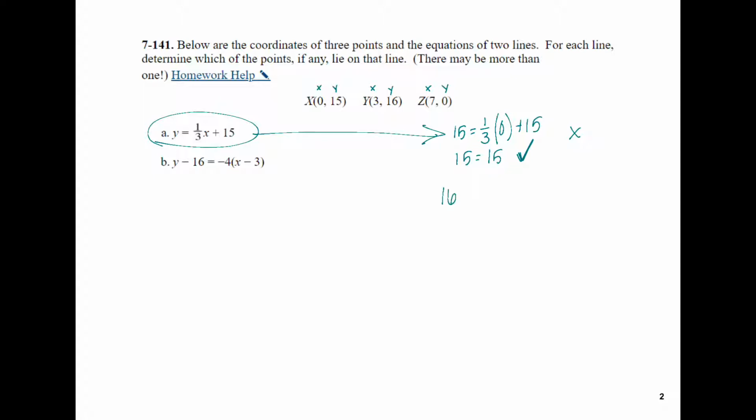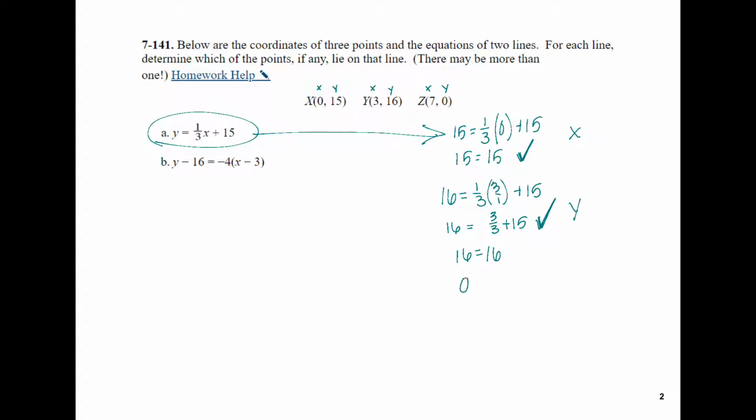So we're going to replace our y value with our y. We're going to replace our x value with our x. We multiply fractions straight across, so 3 over 3 reduces to 1. 1 plus 15 absolutely gives us a true statement, so we can also say that y is also a coordinate on that line.